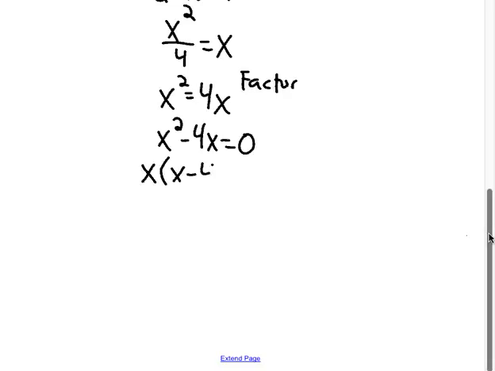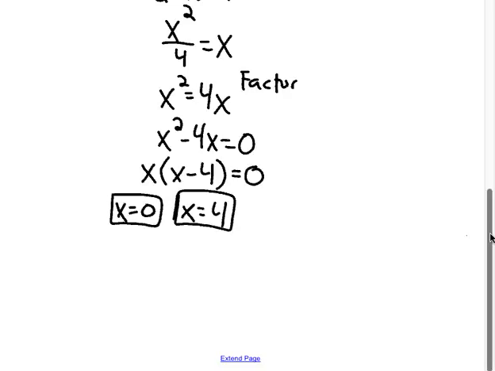So really all I have to do is pull out that x. And now I have my two pieces, right? And hopefully you remember, whenever you have an x out front, it's just x equals 0. And then this one would give us x equals 4. So I have my two solutions.